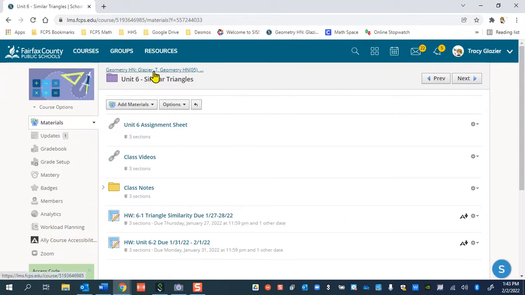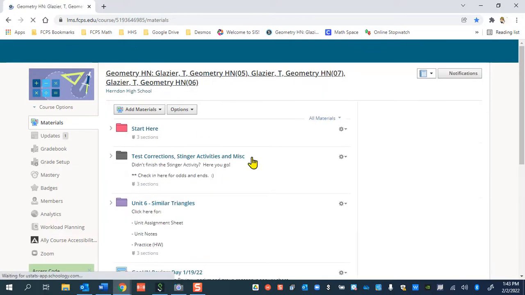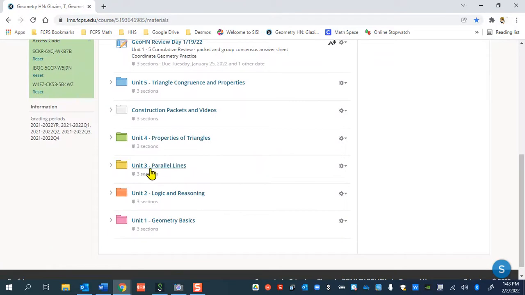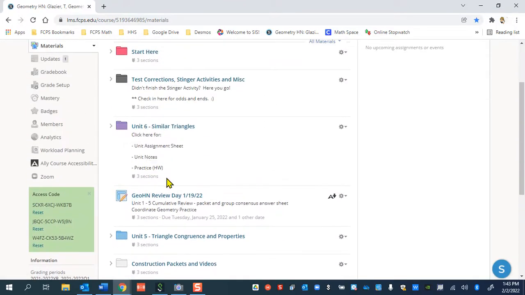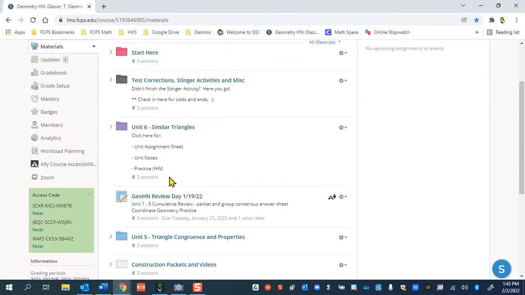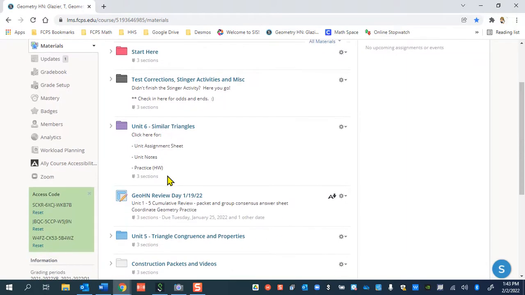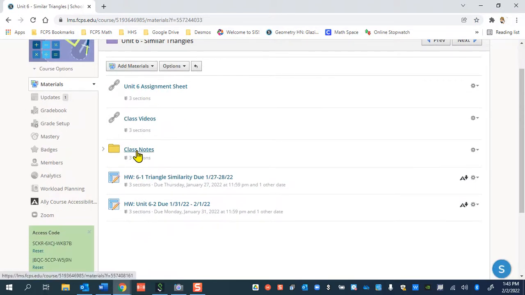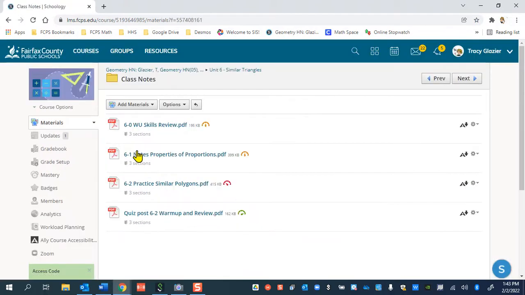So when you get to our Schoology page, each unit is listed individually. Whichever unit we're currently in, I bump up to the top so that you can see it when you log in. When you click on that unit, within this yellow folder is all the PDFs of the notes that you are handed in class.